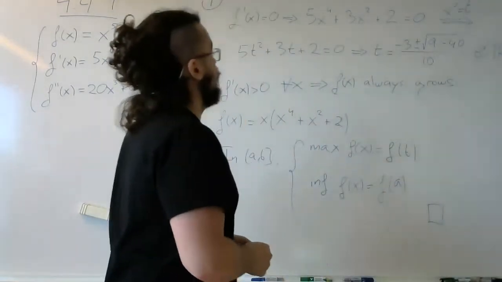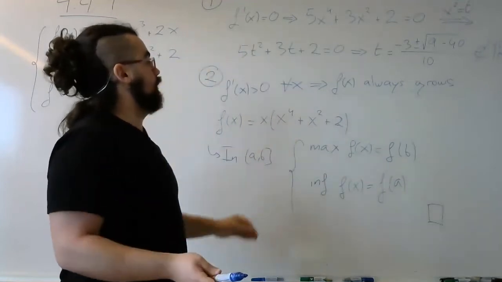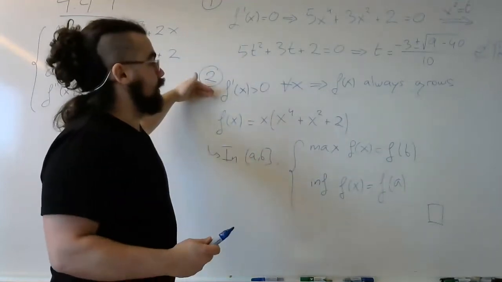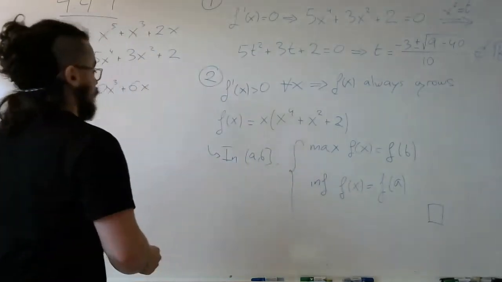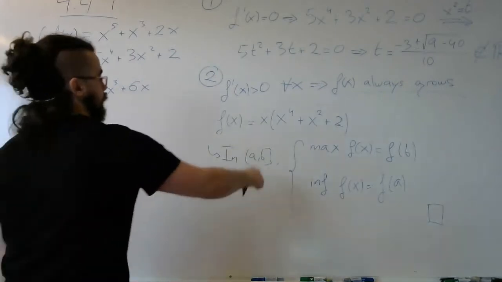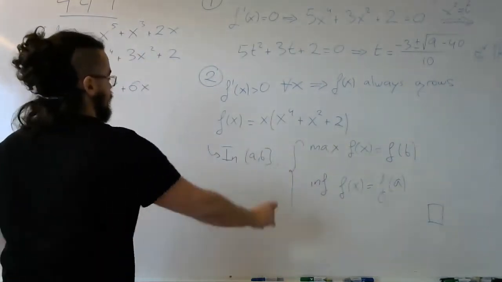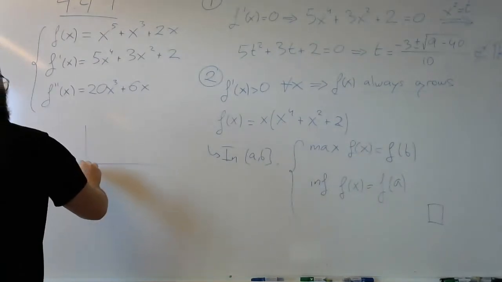So strategy here, we search for relative maximums and minimums, don't find them, look for some properties of the function that allow us to determine where the function grows and where the function decreases. Here, this changes sign at 0, so this function is something like this.